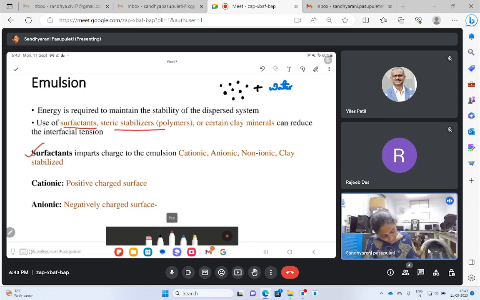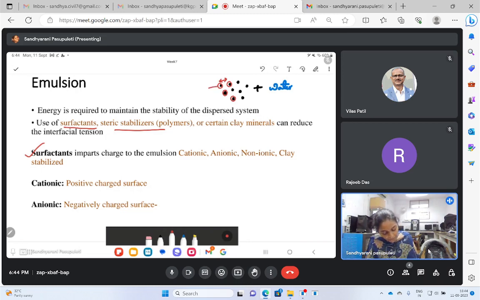Let us say all these bitumen particles have positive charge surrounding them. If I impart some charge onto the surface of each bitumen particle, what happens? Now these two bitumen particles will repel each other, so they will not come close to each other.